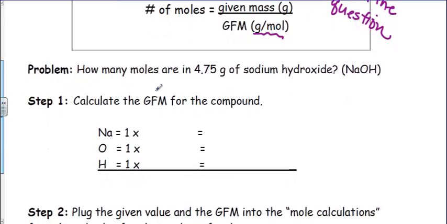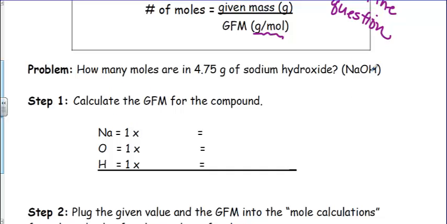All right, so how many moles are in 4.75 grams of sodium hydroxide? So when we're going from moles to grams, then we have to multiply. All right, so first we need to calculate the GFM for the compound, and we have 1 sodium.